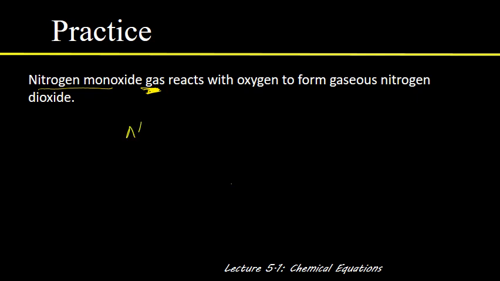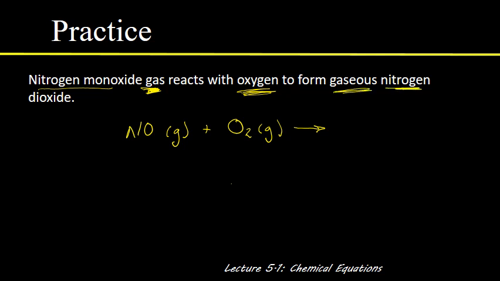So we've got nitrogen monoxide, that means one of each atom, and it's a gas. It reacts with oxygen. Now nothing else has been provided here because oxygen is an element, and so we should know that oxygen is both diatomic and in its standard state is a gas, and this forms nitrogen dioxide in the gas phase.